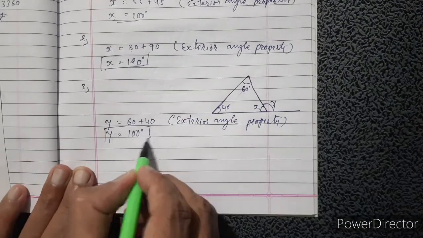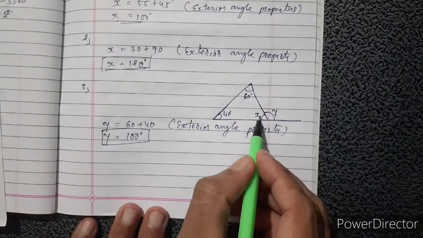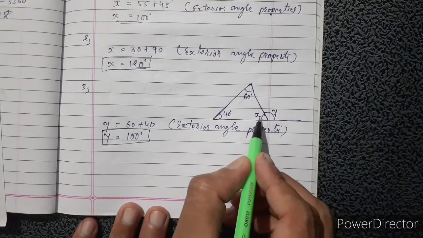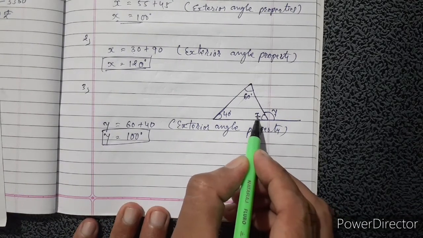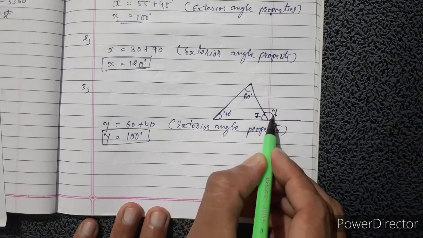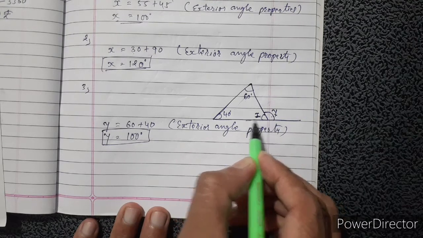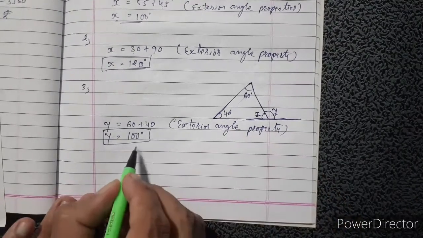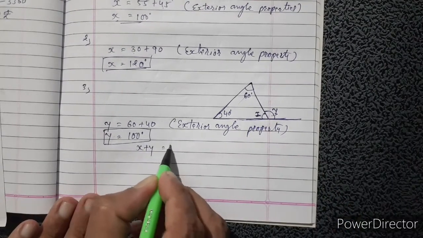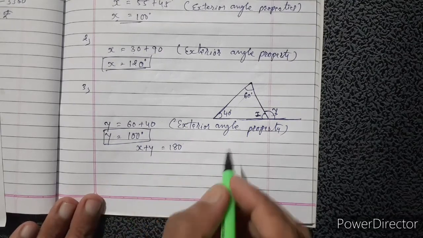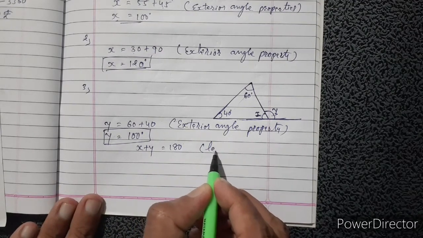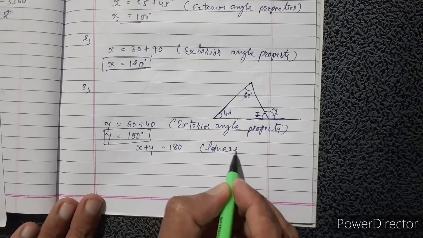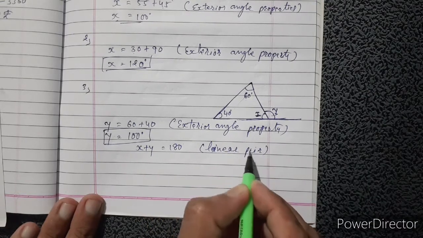Now we have y. Now for x, there are two ways to find its value. First one: x plus y are a linear pair because they make a straight line here. So we use the formula x plus y equal to 180. Here write down linear pair.